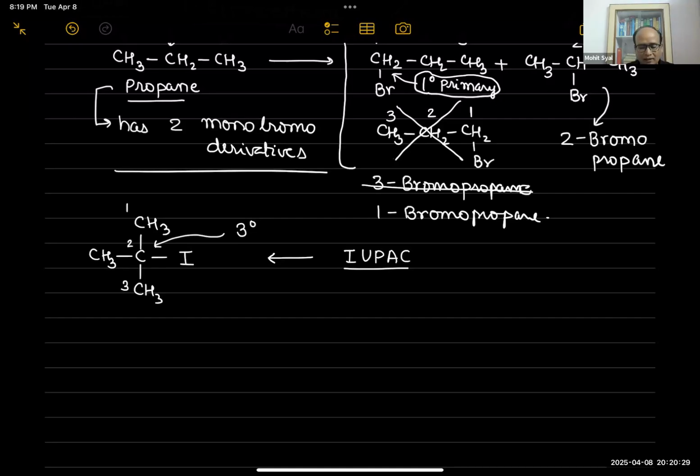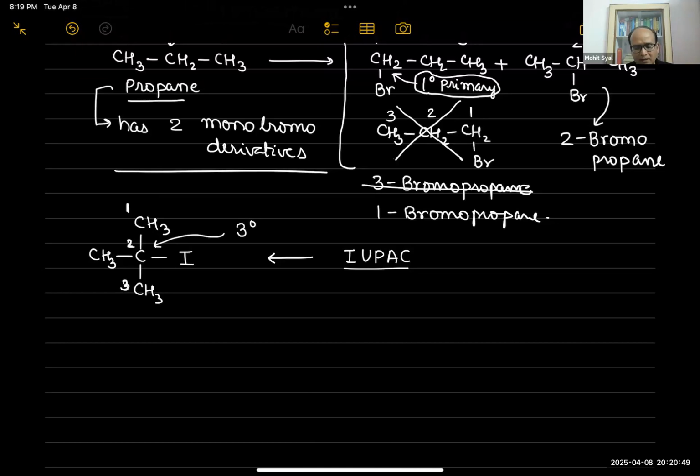So either you start from 1, 2, 3, or you can do it this way also. This is one and the same thing because the iodine is on the middle carbon. Got it?